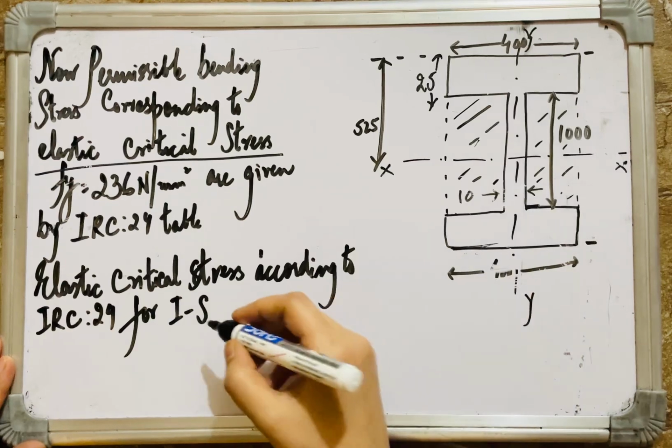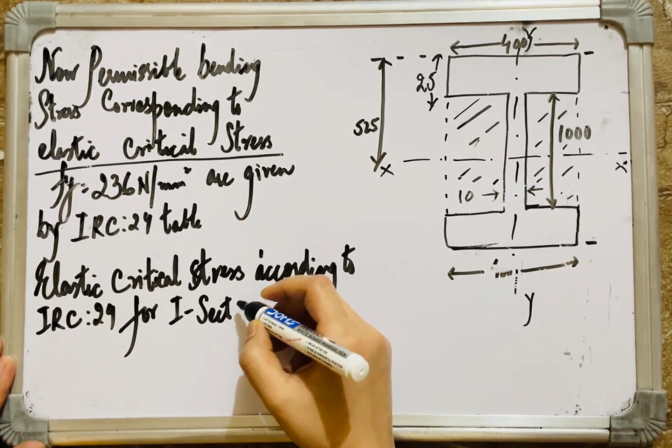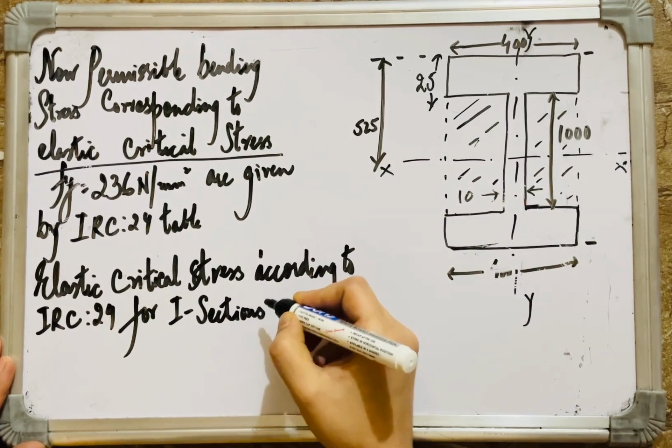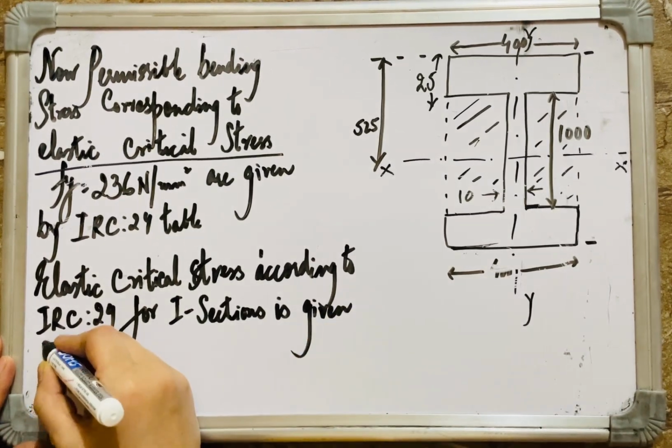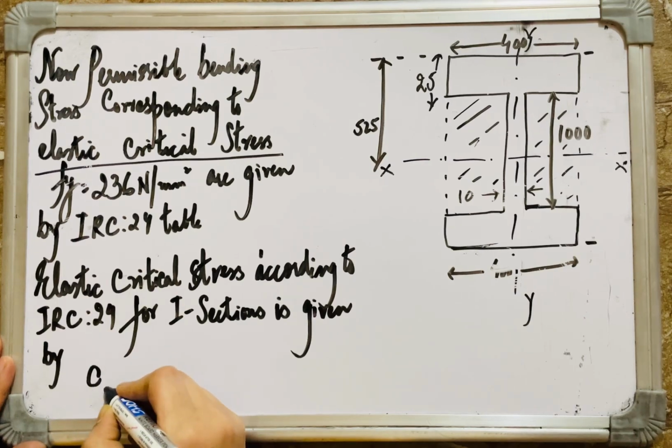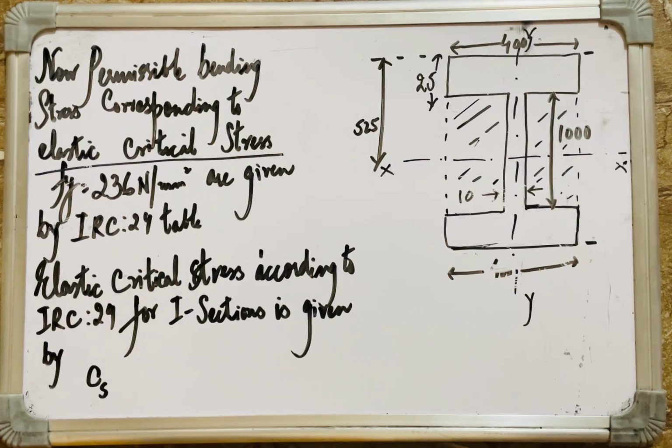This is our I section. For I sections, the elastic critical stress is denoted by C.S.